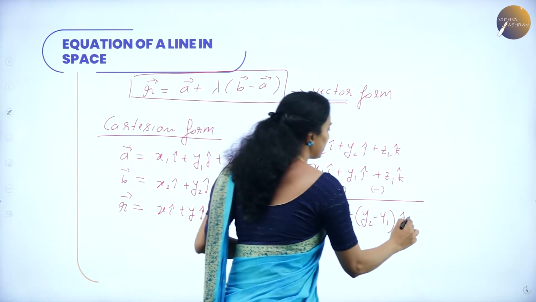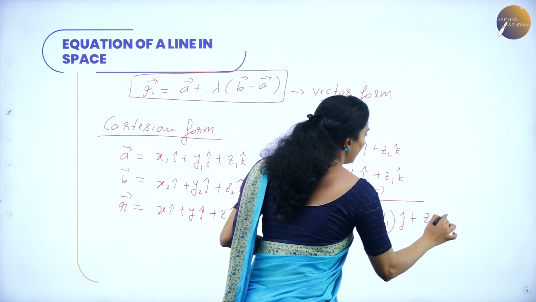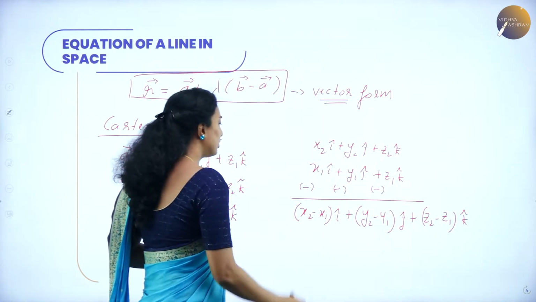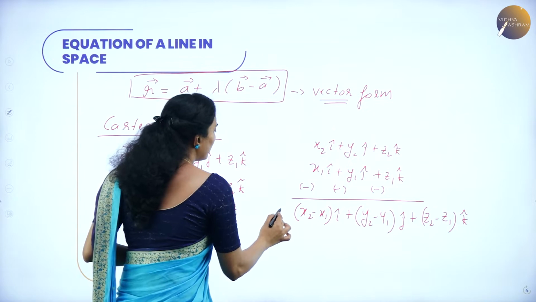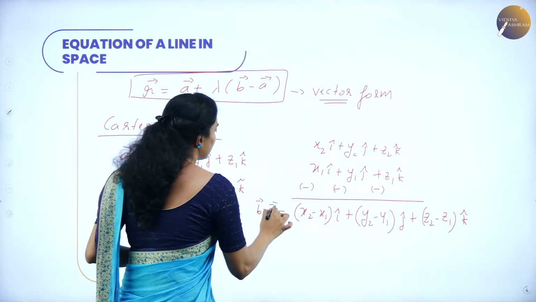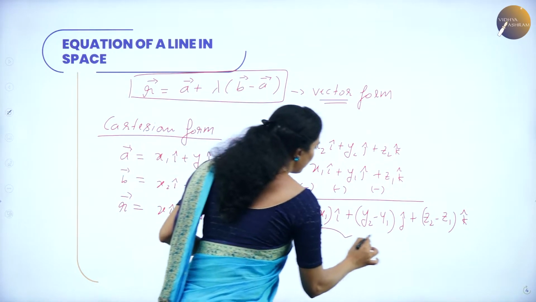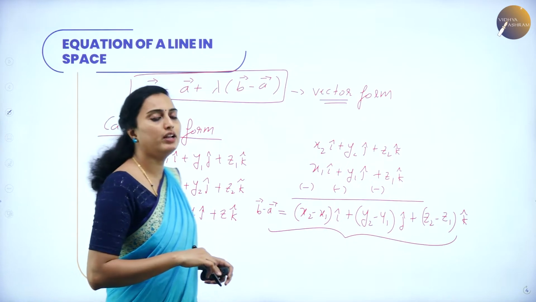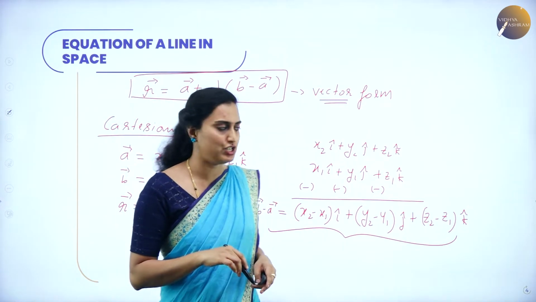Again plus z2 minus z1 into k. So this is what gives you b vector minus a vector. You have to note this down. Now, taking the vector form, let us reduce it to the Cartesian form.